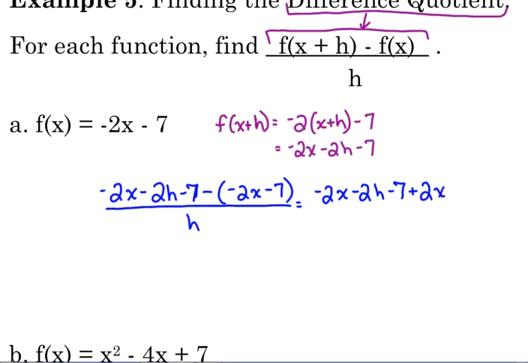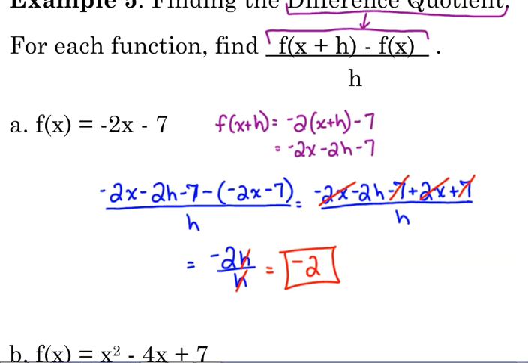Distribute the negative. Plus 2x plus 7. Negative 2x plus 2x cancels. Negative 7 plus 7 cancels. So we've got negative 2h over h. You can also cancel those h's. So this one simplifies down to negative 2.